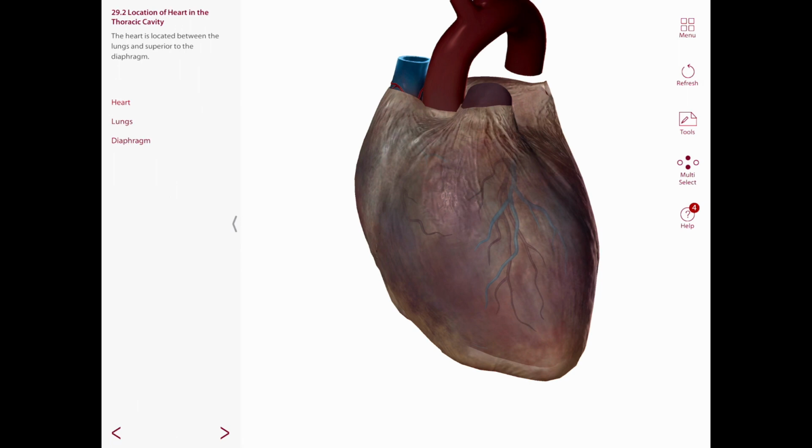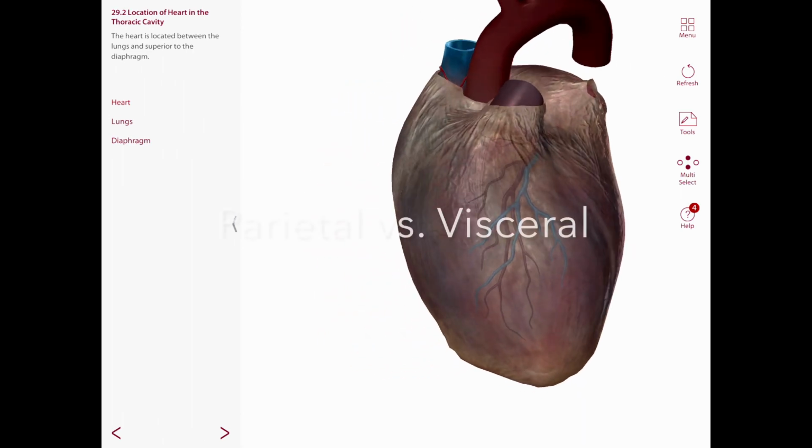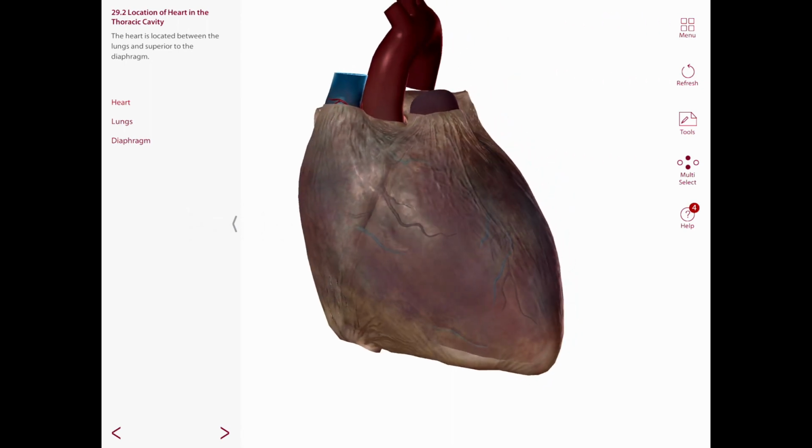Within that pericardial cavity, there's going to be a serous fluid called the pericardial fluid, or just serous fluid. And this fluid provides lubrication. Lastly, remember that the pericardium is divided into the parietal pericardium and the visceral pericardium, also known as the epicardium.